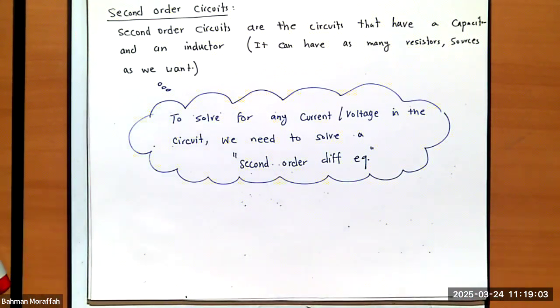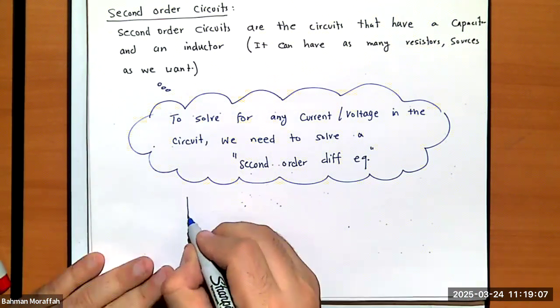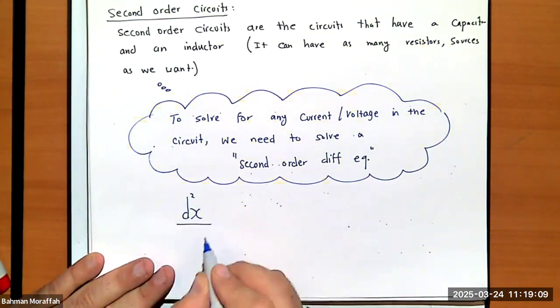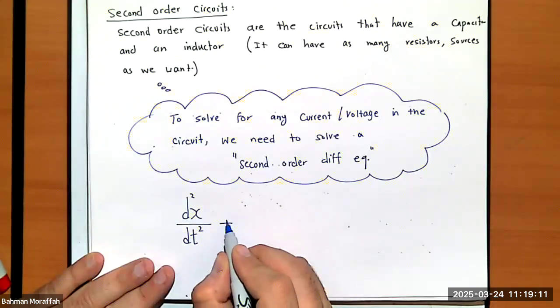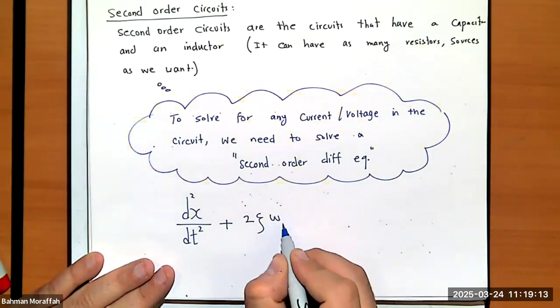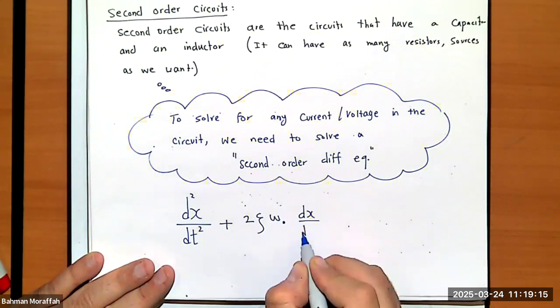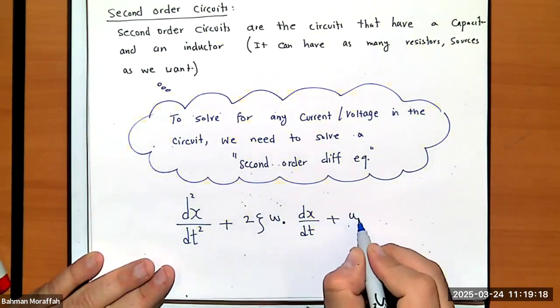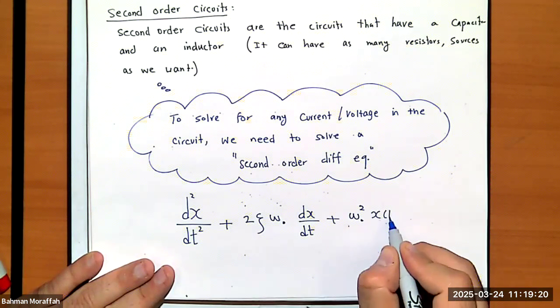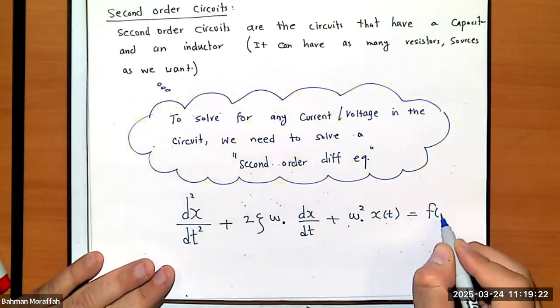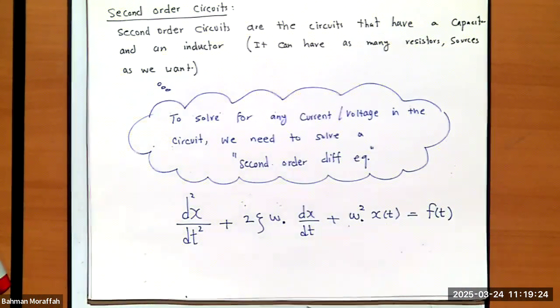In particular, we're interested in differential equations that look like this: d squared x over dt squared plus 2 psi omega naught dx/dt plus omega naught squared x(t) equals some f(t). You might look at it and think this looks a little weird.